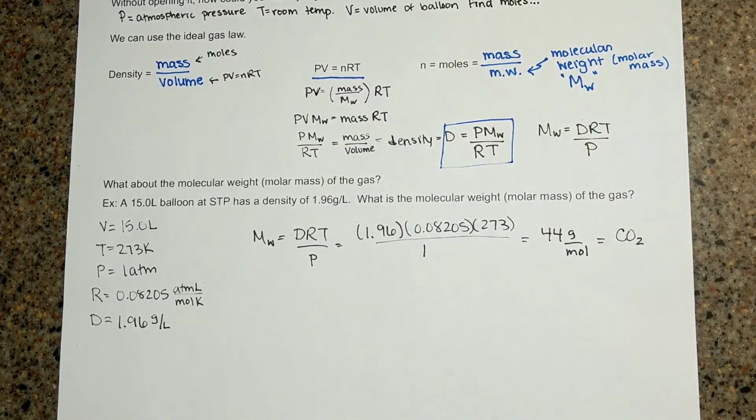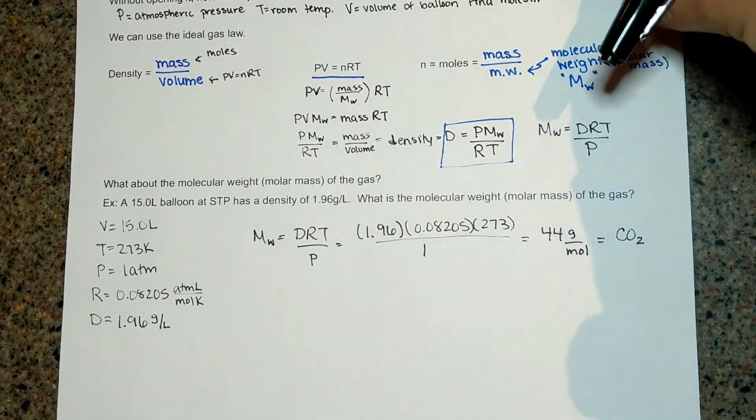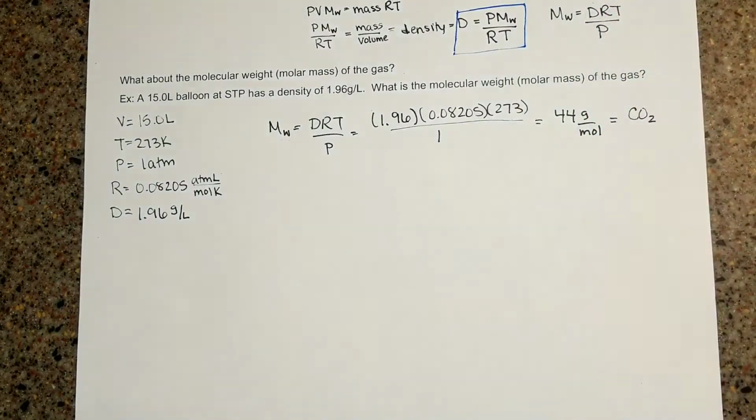So I remember that. You could do that and memorize it, or if you're like me, you don't want to memorize another equation, you can just use some dimensional analysis and the ideal gas law to figure it out.